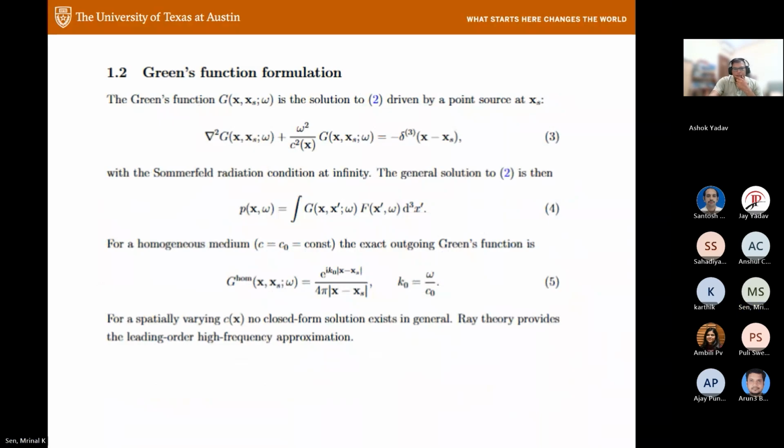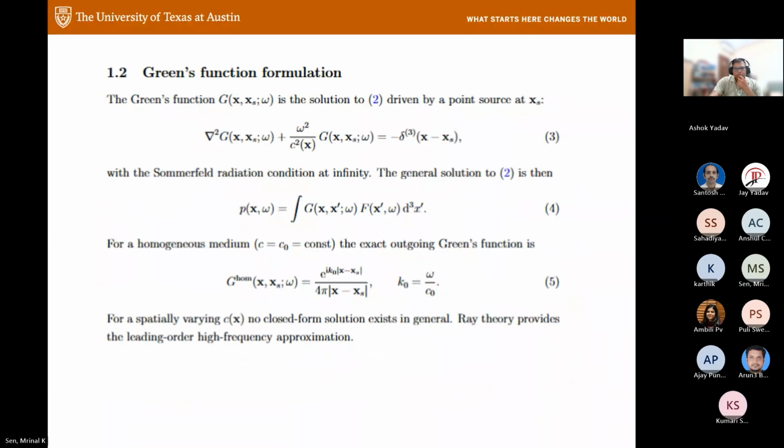And we know that the Green's function is defined by the solution of the equation when we have a delta function on the right hand side. I showed you how to derive the Green's function for a homogeneous medium, and today we'll show you how to derive Green's functions for an inhomogeneous medium using some approximation, because you can't get an analytic closed form solution for the Green's function for a general heterogeneous medium.